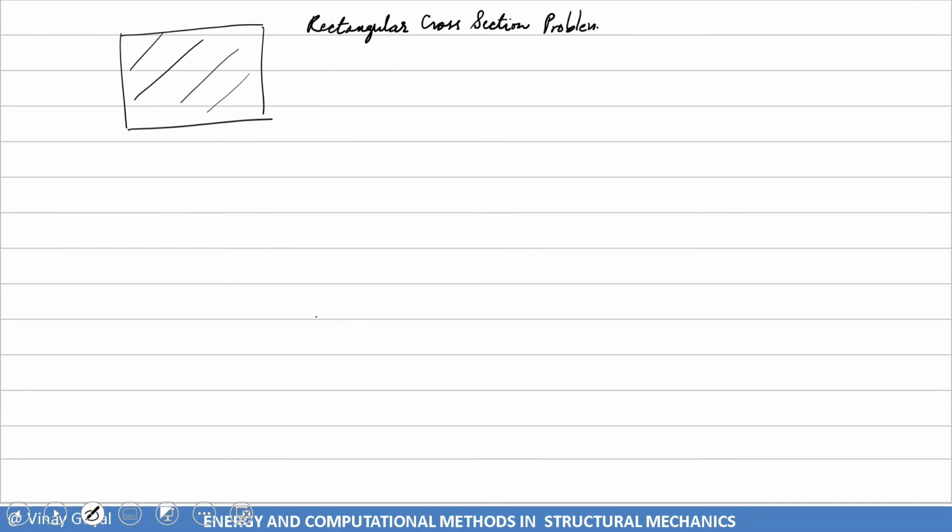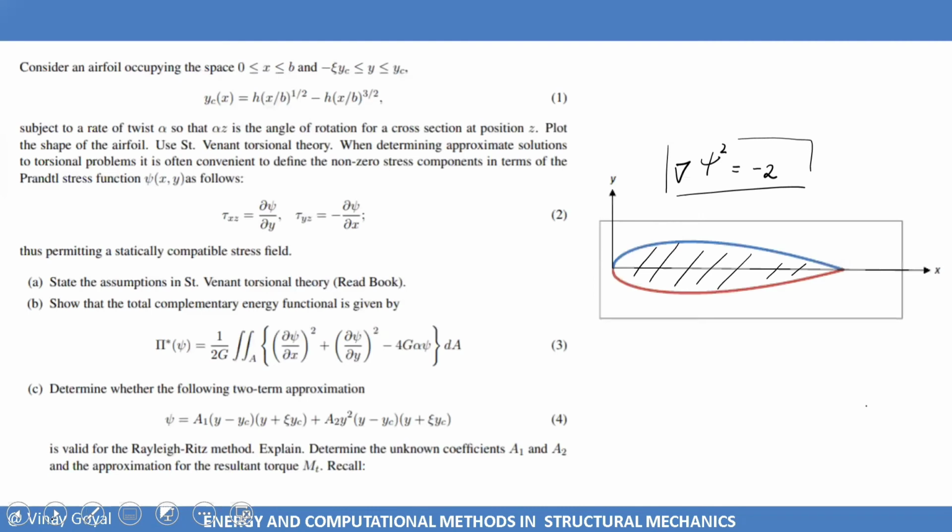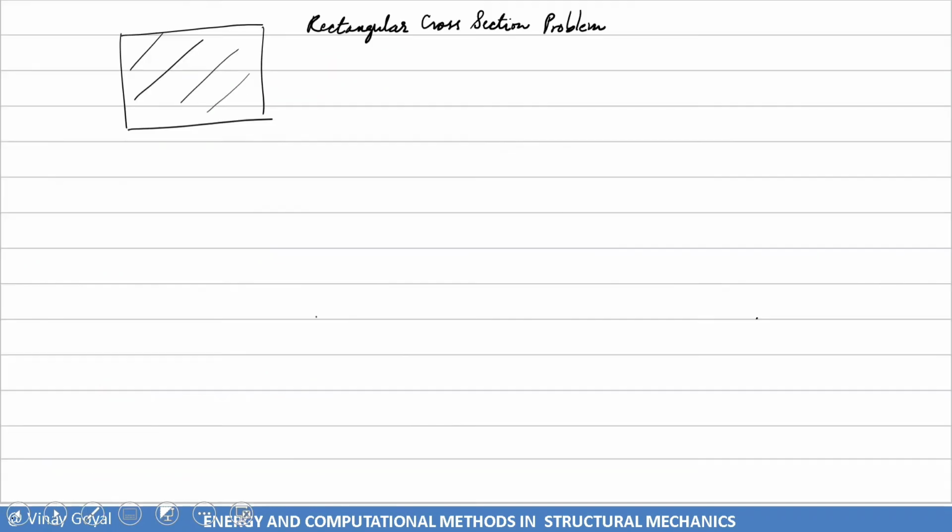And we are given, or I already derived for you, the pi star. We know what pi star is, so I can just use that. We already derived that. And my boundary now goes from, say this is x, and this is y, and this is 2a, and this is 2b.